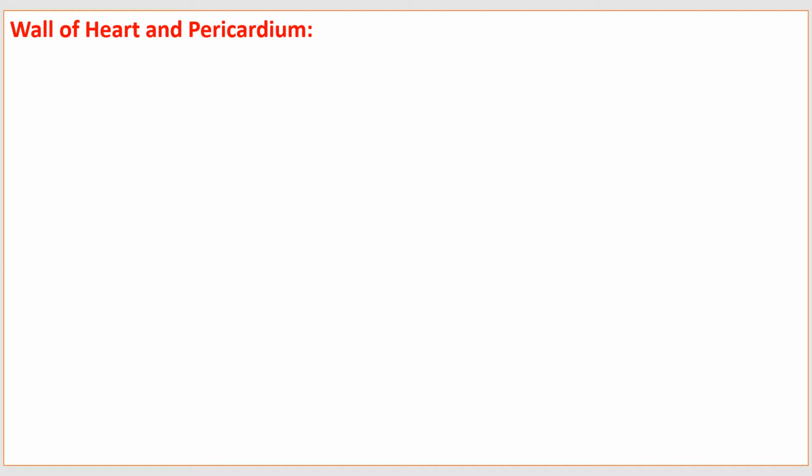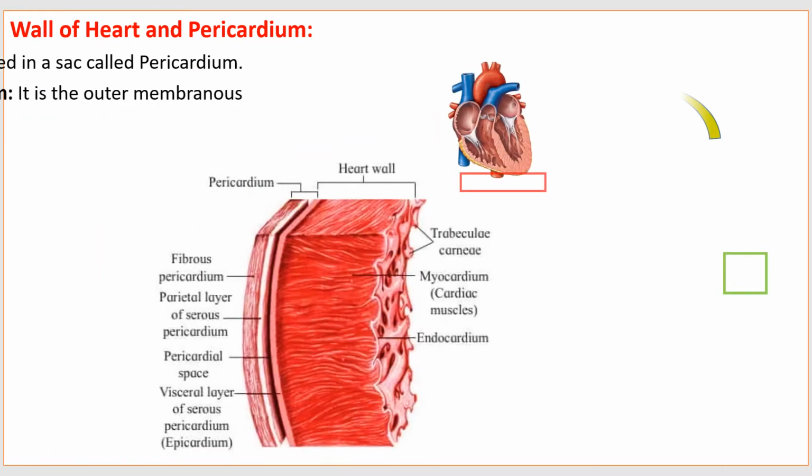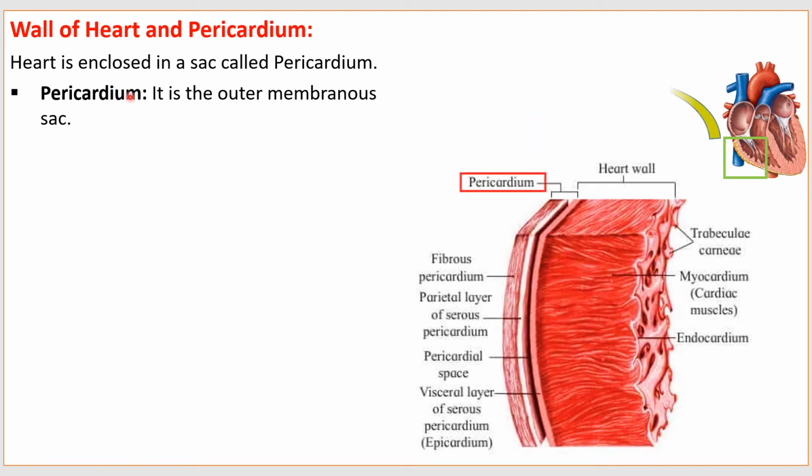Now we'll see wall of heart and pericardium. Heart is enclosed in a sac called pericardium. Now look here. This is the pericardium and this is the heart which is enclosed in this pericardium layer.